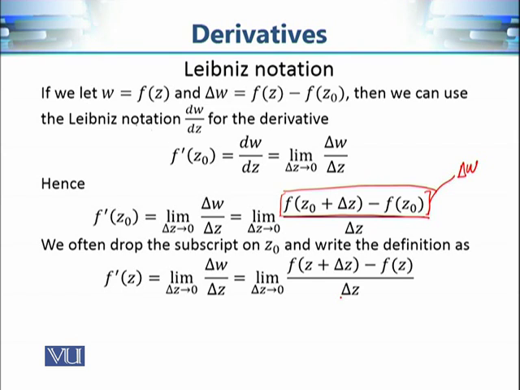So I can replace z naught with z1 or z2, and of course it's going to be the same definition. So sometimes we drop this subscript 0 and just write f prime of z, which is equal to the following definition. And of course when we say this, we take this z to be any point from the domain of the function f.